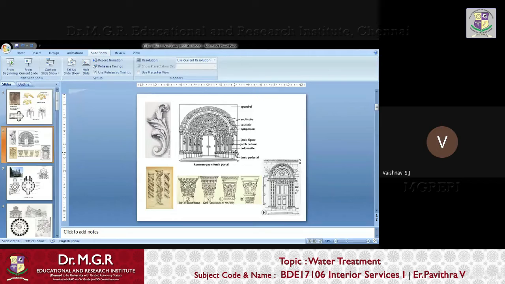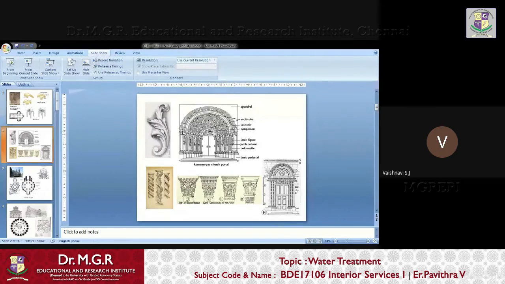Each and every doorway of the Romanesque period churches had all these decorations or ornate ornaments on this wall, and the entry of the church would be recessed inside the wall.